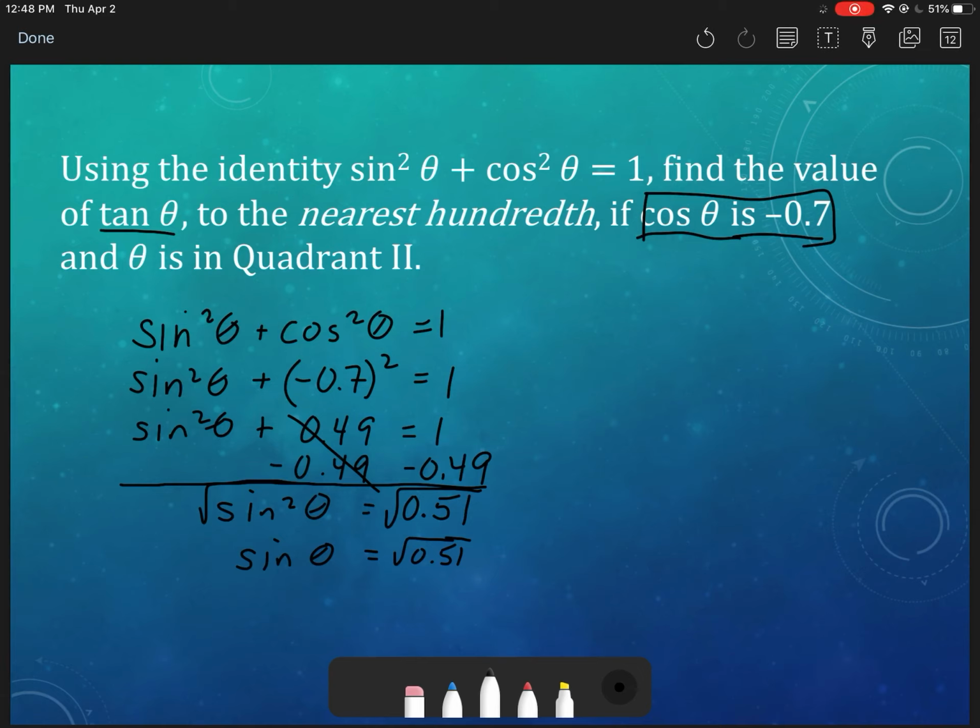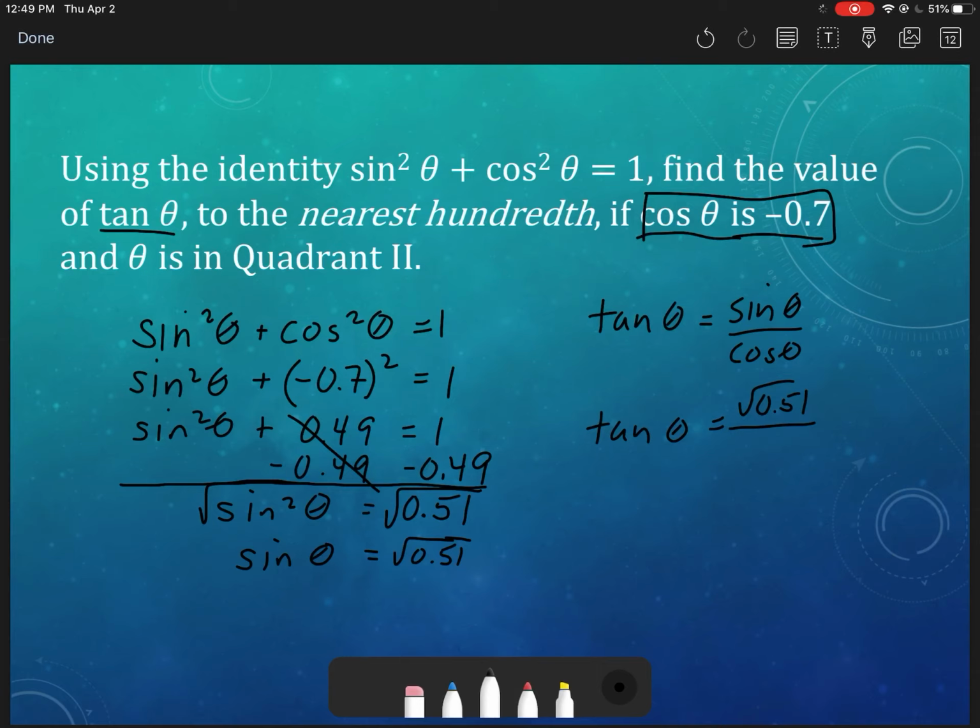Okay, we need to find tangent. Let's remember that tangent of theta is equal to sine over cosine. Okay, sine over cosine. So we have both of those pieces. Sine of theta is radical 0.51.